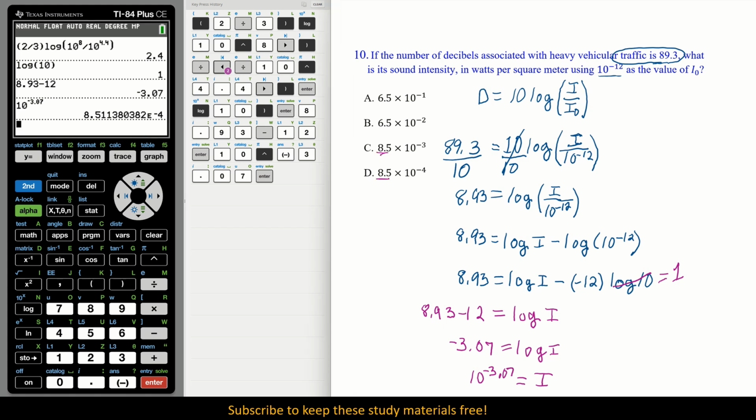Then come over where you see E, and grab that negative 4, and that's the exponent of your 10. So A and B did not have the first value correct, so that doesn't work. And then C has an incorrect exponent, so that won't work. So the value we need is D.